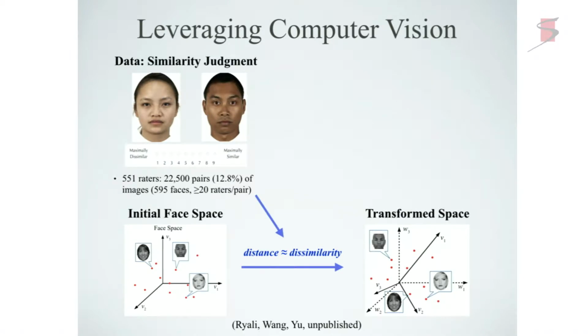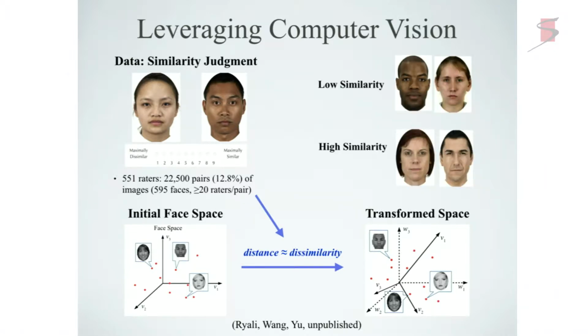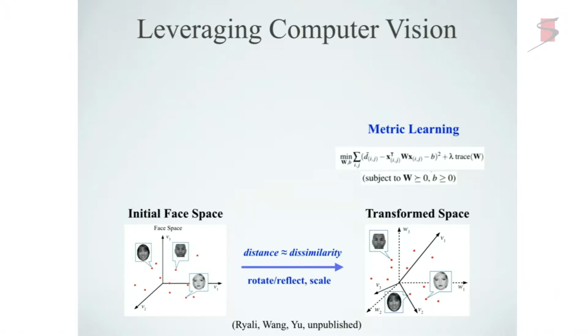So we collected a large data set of similarity judgments of pairs of faces. Here are 2 examples of faces that are judged to be low similarity or high similarity by human subjects. Hopefully it's at least visually persuasive that the data is giving us something.